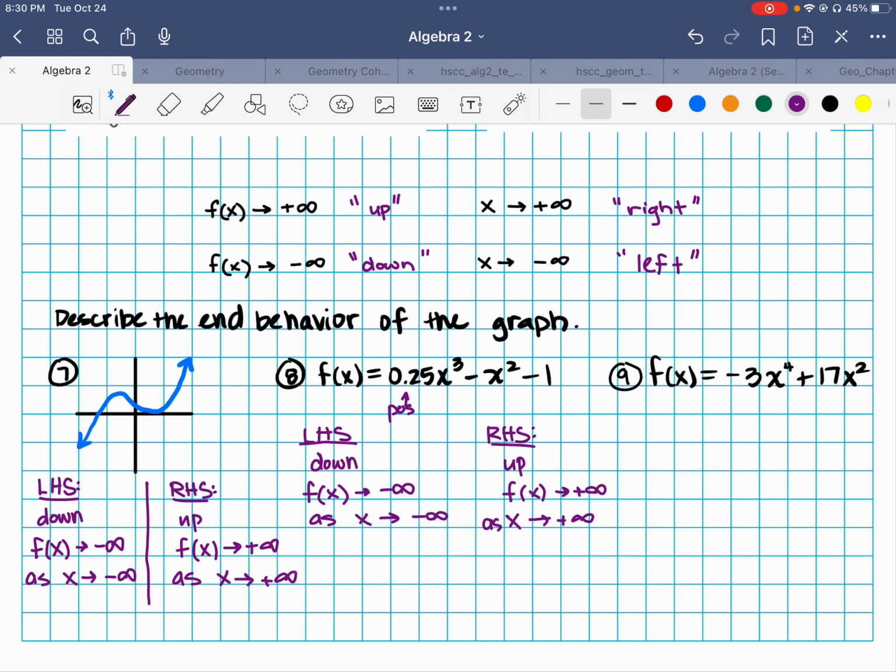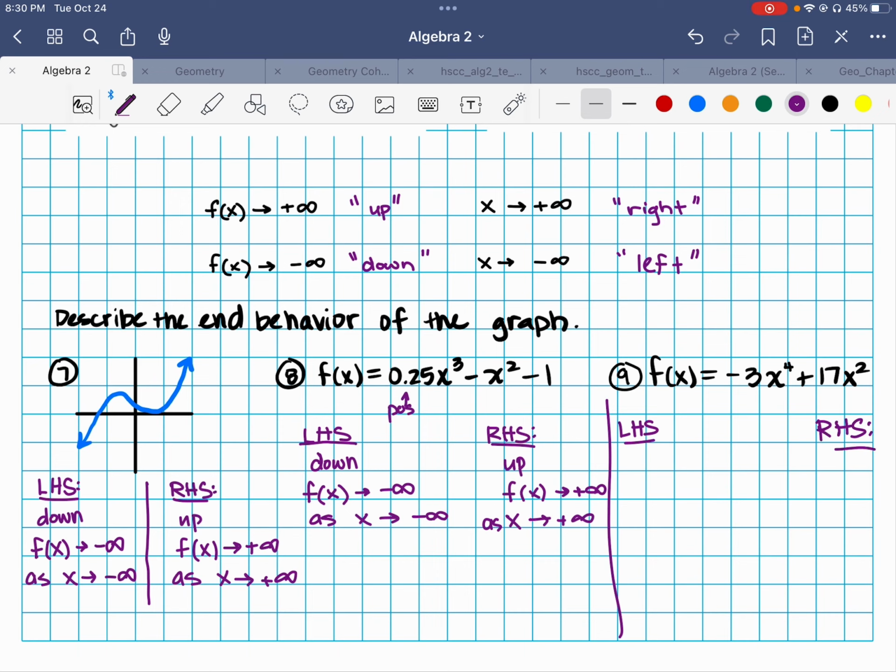All right, let's try one more question. Number 9, notice the lead coefficient, the lead term, is negative 3x to the fourth. It is written in the correct order, so it is in standard form. And we have our left-hand side and our right-hand side.